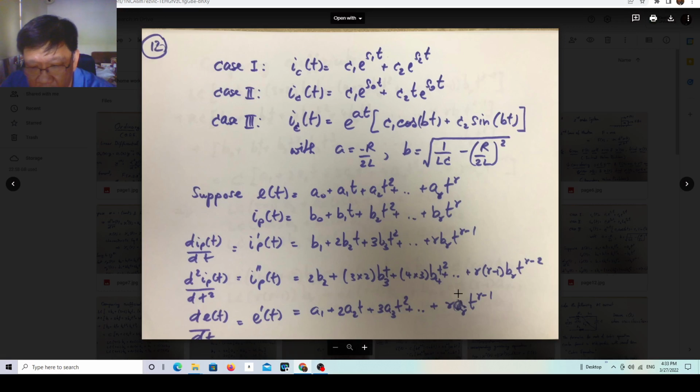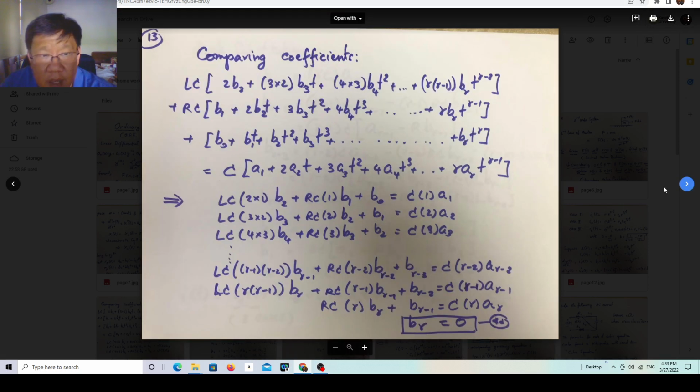No, okay, and the fourth term and up to the r term here. Then you put on the substitution here for the left hand side. The left hand side is LC times the second derivative, plus RC times the first derivative, and this is the zero order derivative term, equal to C times this one.